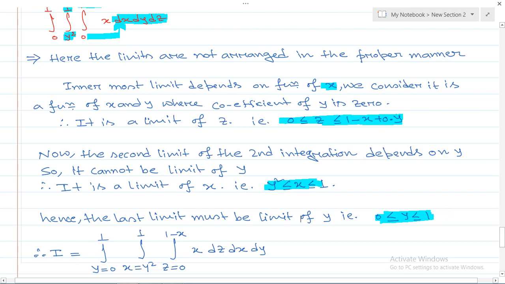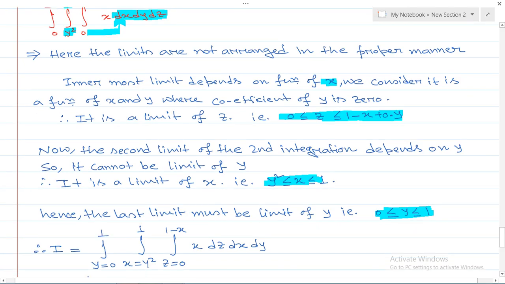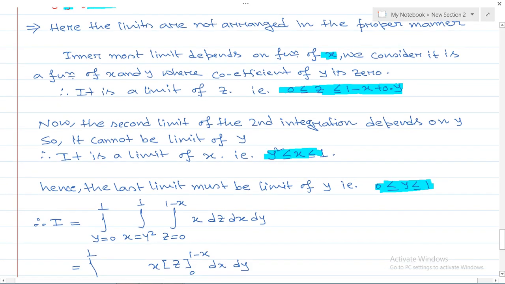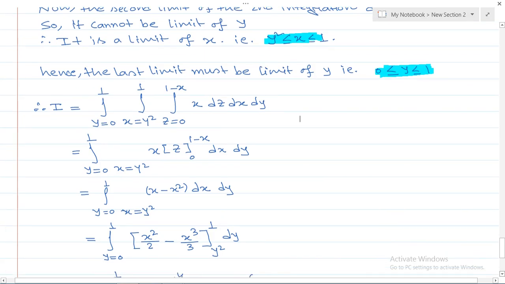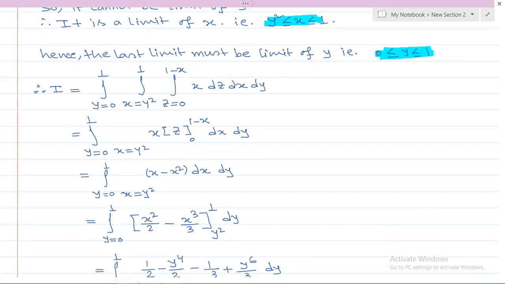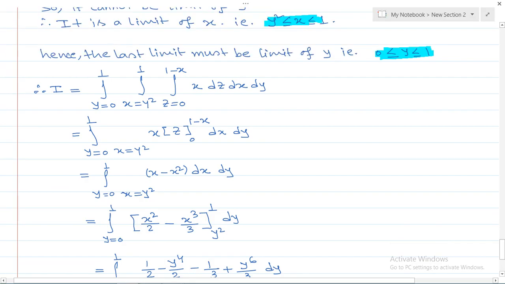Okay, now let us come to the solution part. So we can see the solution that we have done here. It is quite simple to understand. Already we have done many questions, now you can understand it easily. So x from y square to 1, it should be the integration.